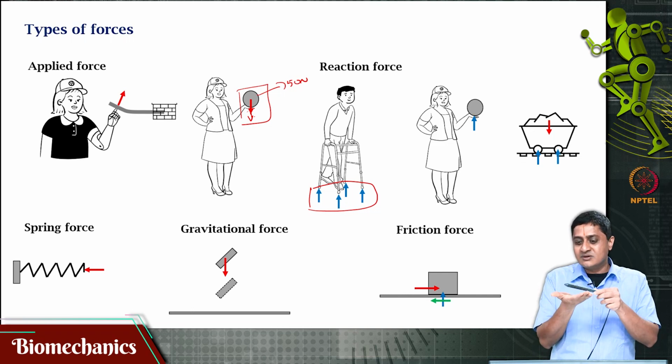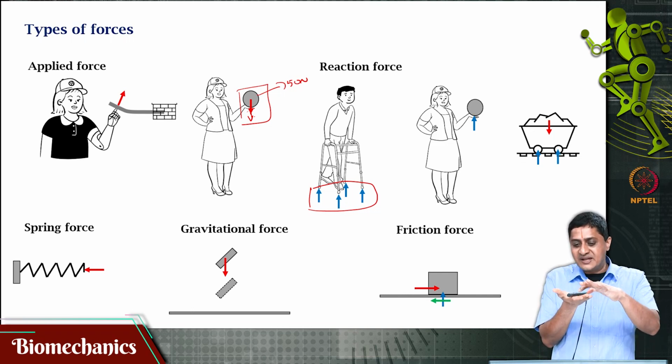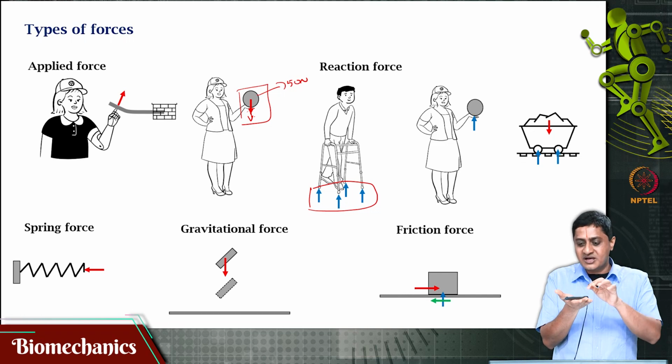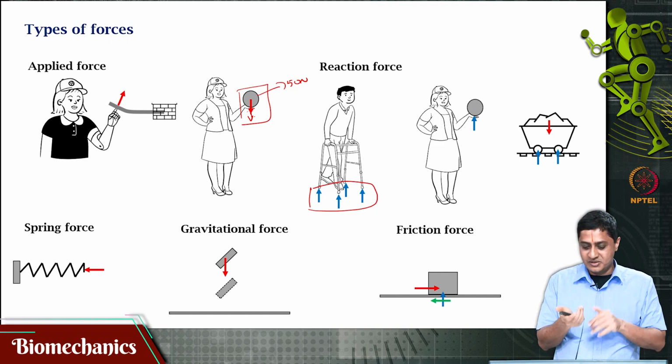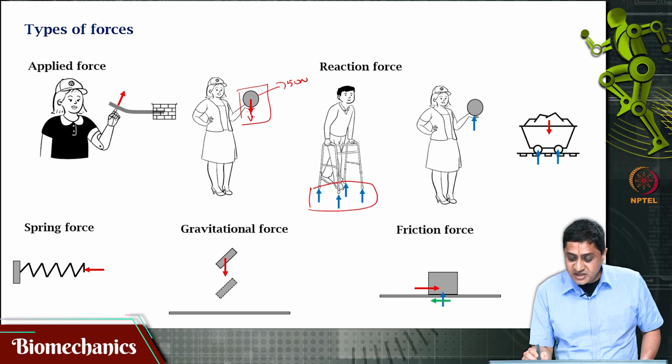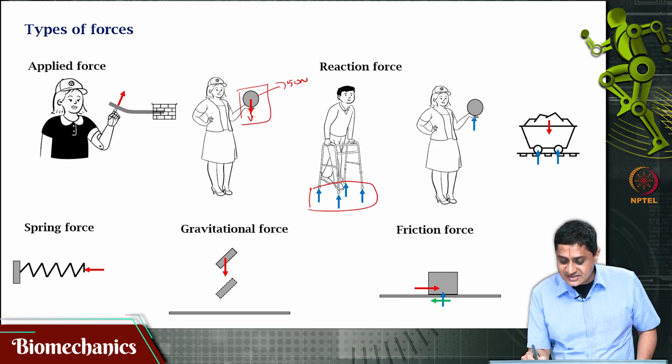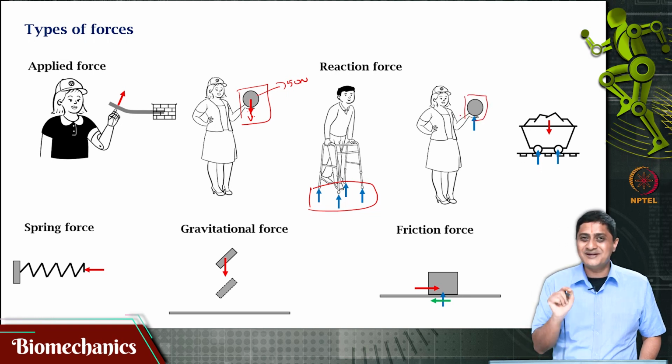That means the reason why this pen is in equilibrium is because this hand is applying an equal and opposite force on this pen so that it remains in equilibrium. Okay. So this 50 Newton force is applied by this lady or her hand on this ball, that is why it is in equilibrium.